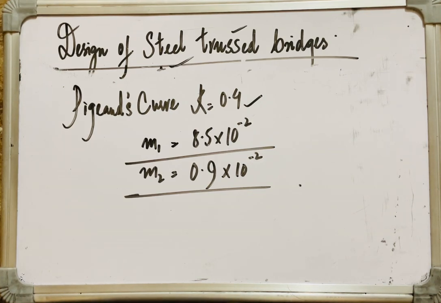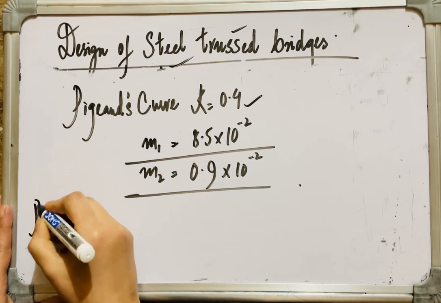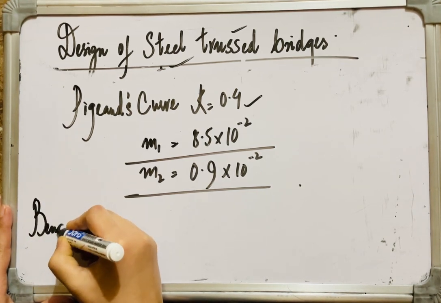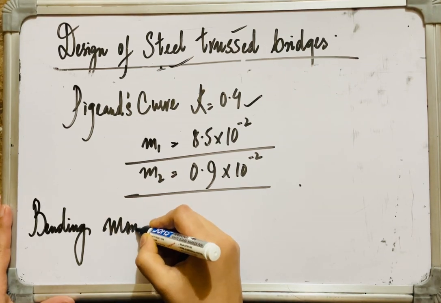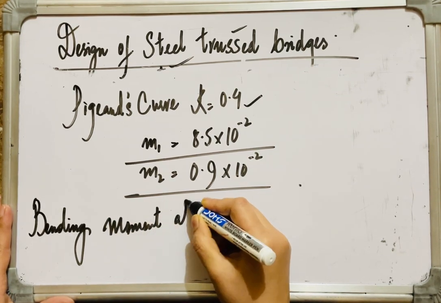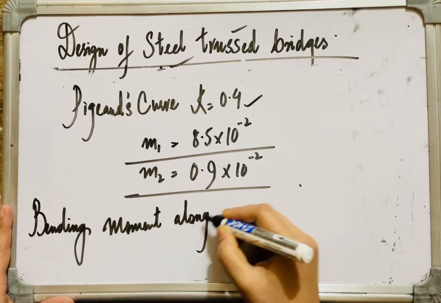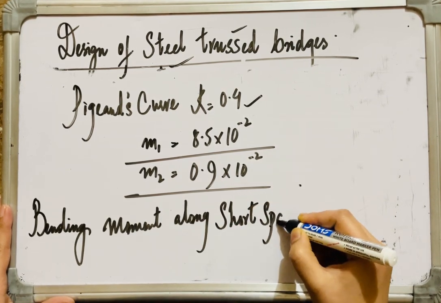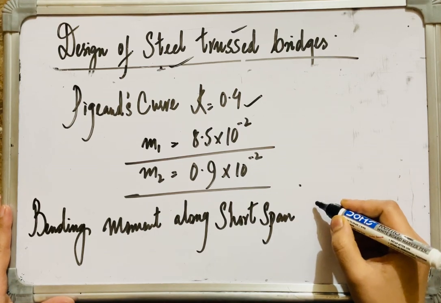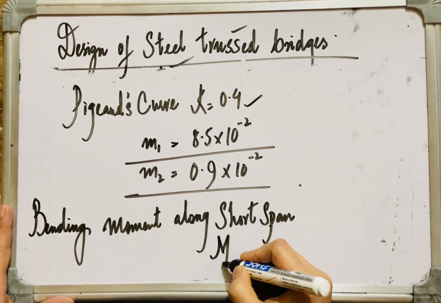These are our moment coefficients and this will give us bending moments along the long span and along the short span. First, bending moment along short span as per the Pigeaud's theory is given as MB. My short span is MB.